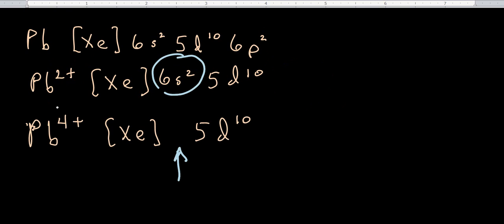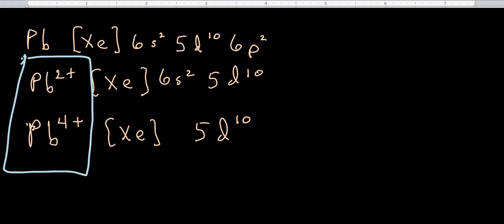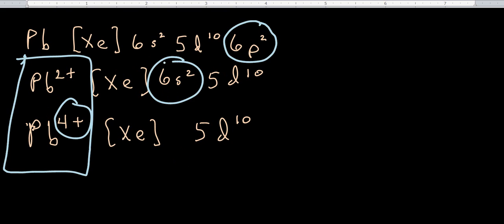With those now removed, we now have a Pb with a 4+ charge. This would be one reason why we see lead existing in 2 different charged states, where it can be Pb2+ when only the 6p2 electrons have been removed from n equals 6, and then it becomes Pb4+ when the 6s2 electrons are also removed.